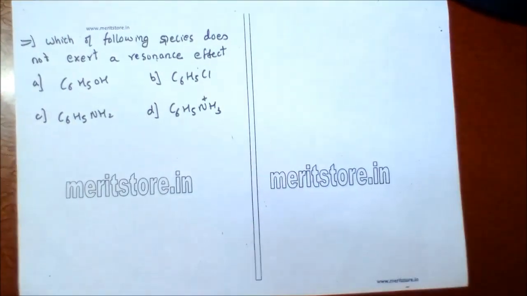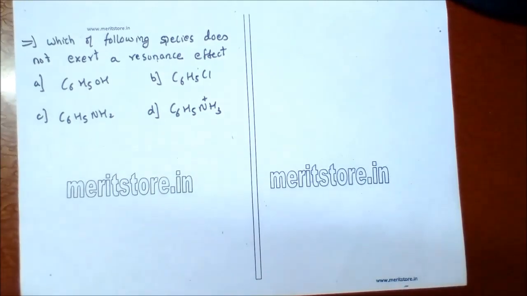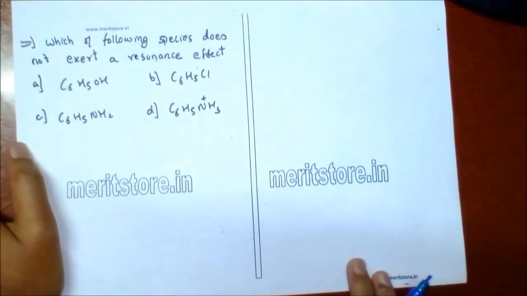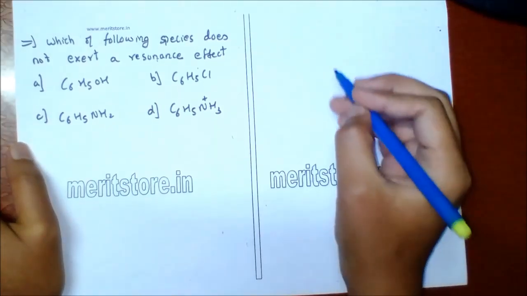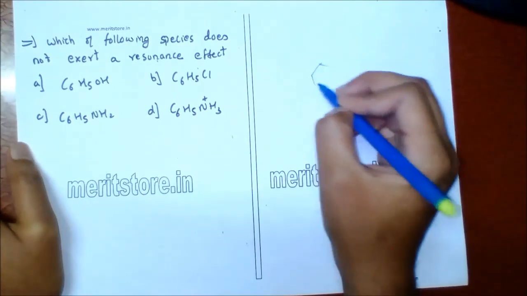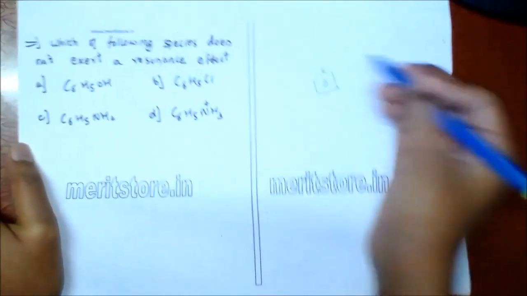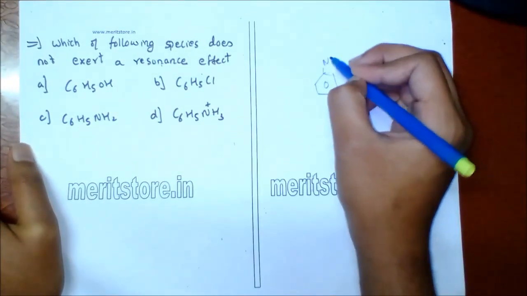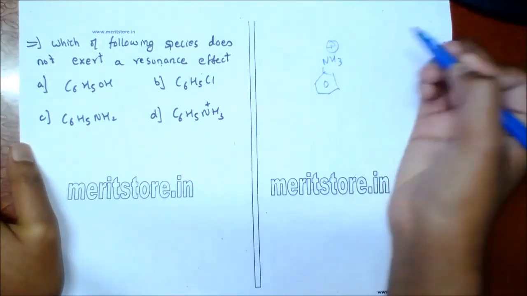Which of the following species does not exert a resonance effect? So when aniline reacts with H plus ion, it gives anilinium ion. Anilinium ion has a structure of benzene ring attached to NH3 plus.